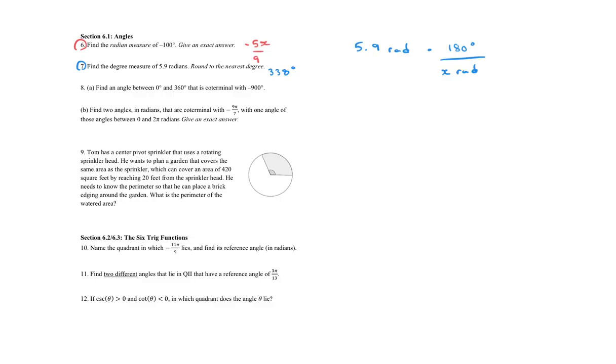So next, we're going to find the angle that is coterminal with negative 900 between 0 and 360, and we're just going to find an angle between the two. So the way that we do this is we try and add 360 degrees until we're close to there.